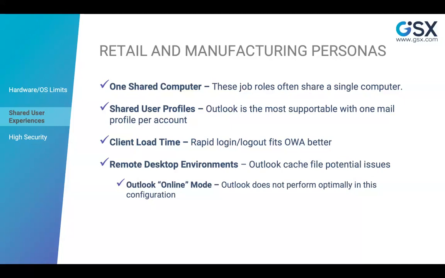When you're talking about remote desktop environments, things like Citrix, maintaining that OST file can become very problematic. So a lot of times you would switch Outlook into online mode, in which case it doesn't rely on that OST file. But of course, Outlook does not perform as well in that type of configuration.